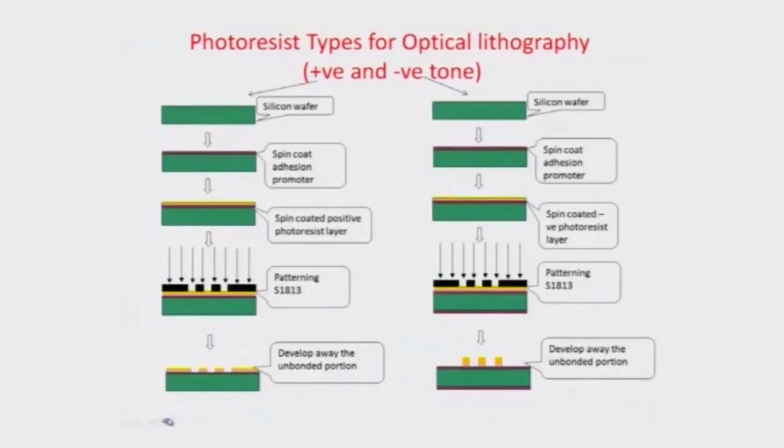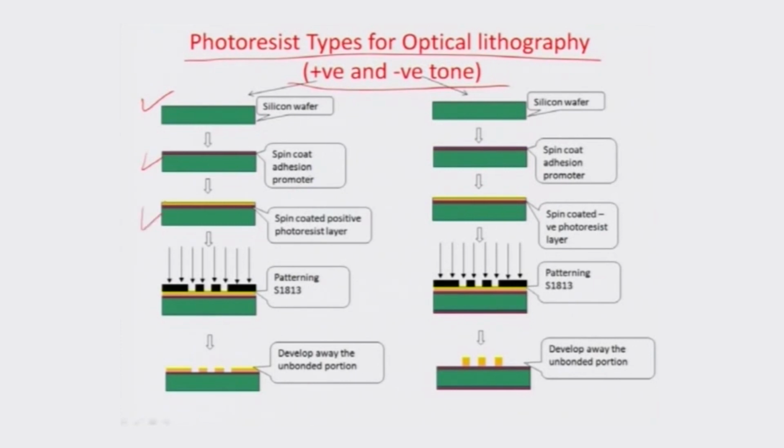So, typically there are two different kinds of resists which exist, and this particular illustration here shows the role of the two different kinds of resists. One is a positive tone resist and another is a negative tone resist. In a positive tone case, as you see here, you start with a silicon wafer and then you spin coat, let us say, a small layer of adhesion promoter, which sticks the resist onto the surface of the wafer.